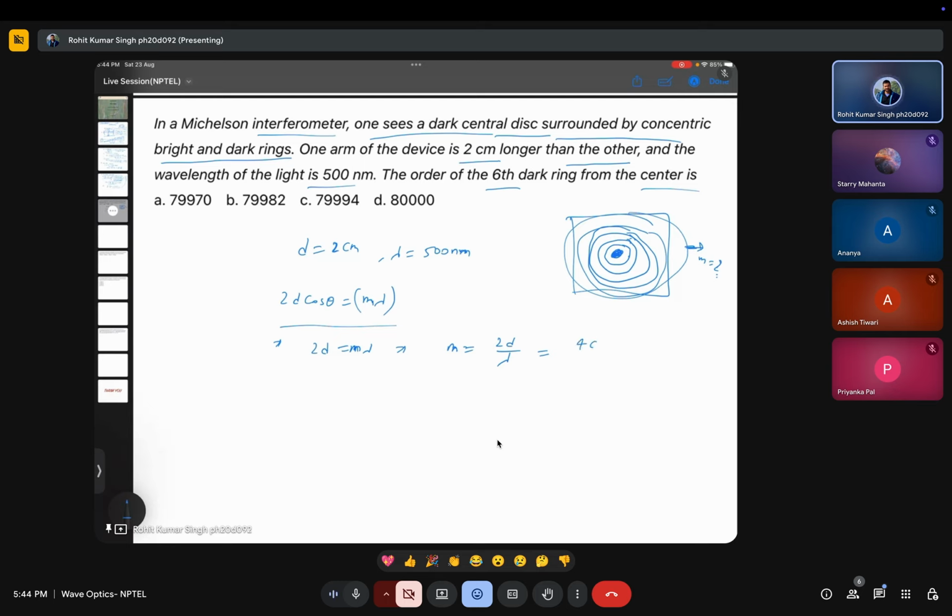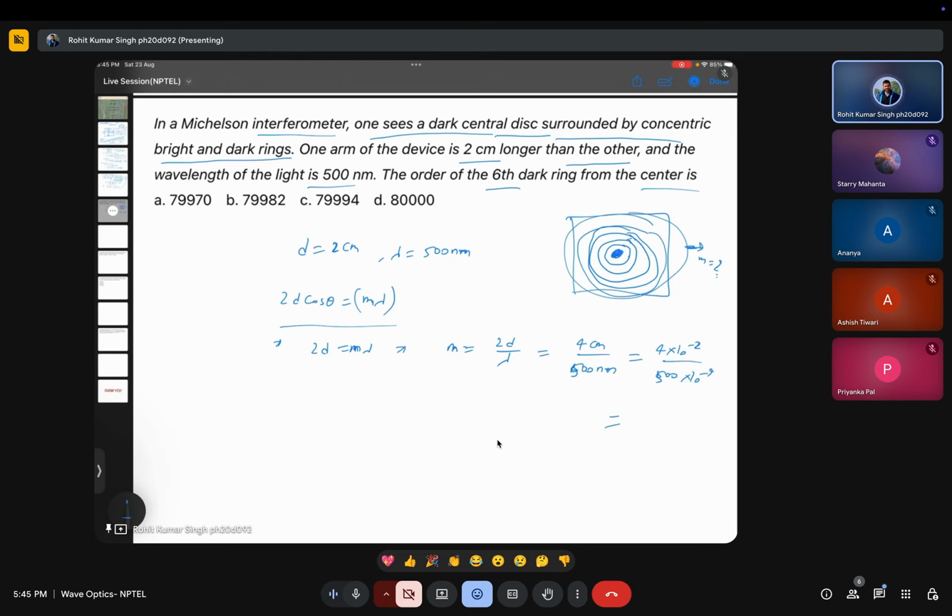2d means 4 centimeter and lambda is 500 nanometer. Let's convert it into SI units: 4 into 10 to the power minus 2 divided by 500 into 10 to the power minus 9.